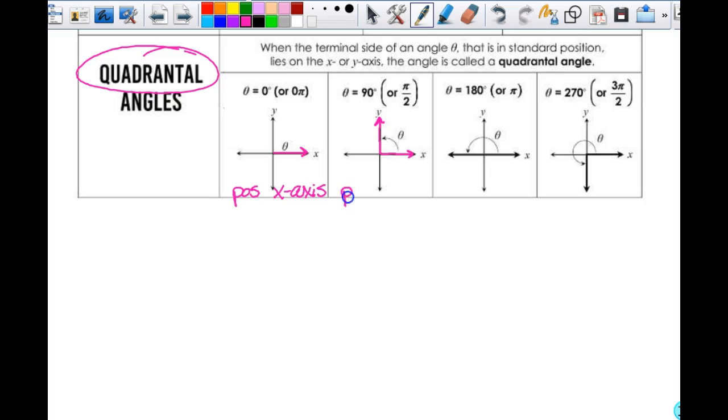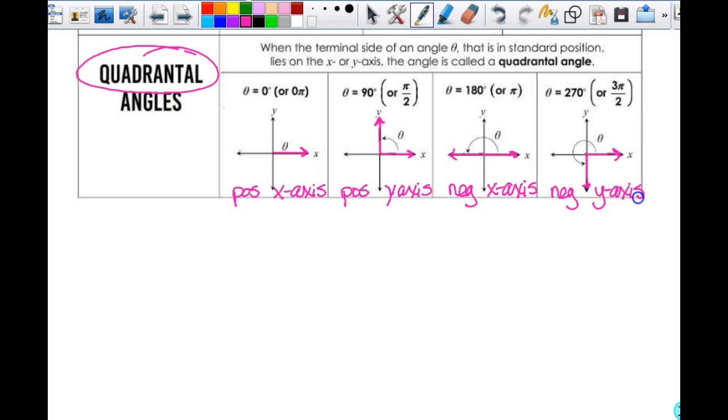And then you would tell me this one is on the positive y-axis. Your 180 or pi or any multiple of that is quadrantal and on the negative what? X-axis. And then 270, 3 pi halves or any multiple of that is quadrantal and on the negative y-axis.